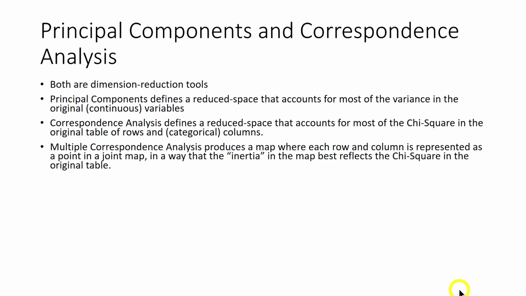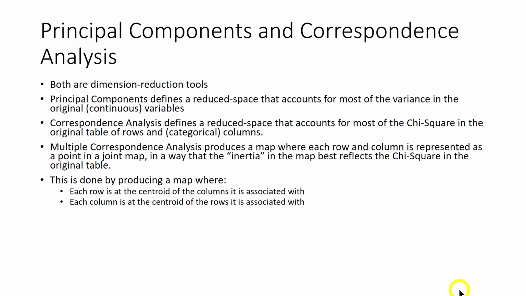Inertia is nothing more than the sum of the distances between every column associated with a row, or the reverse, the sum of the distance between all the rows associated with a particular column. And this is done by producing a map where each row is at the centroid of the columns it is associated with, and each column is at the centroid of the rows that it's associated with.